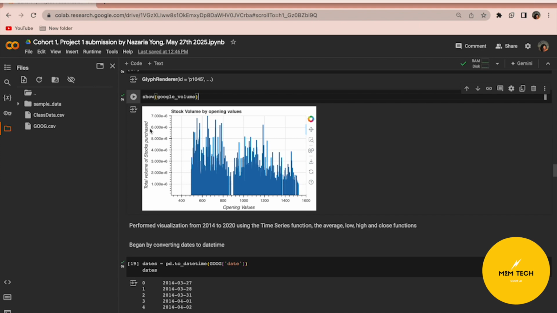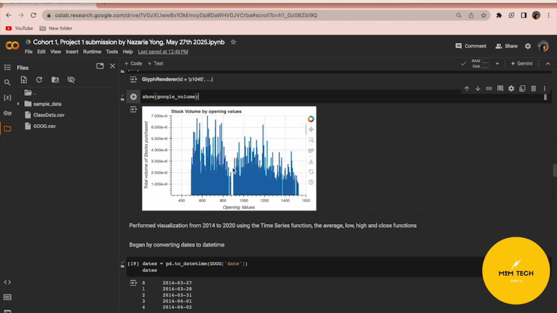And just looking at this bar chart, you can see that the highest volumes are obtained when the opening stock values are a bit lower, about 500 to 800. Obviously, as the value of the stock increased, the volume of stocks purchased were a bit lower compared to here.